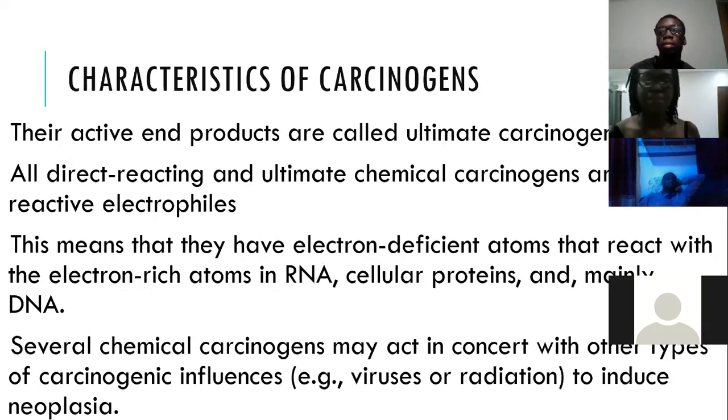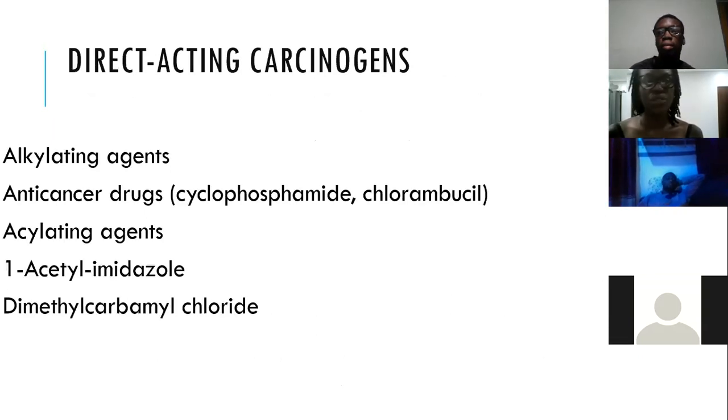They act by several means, by destroying DNA, by destroying cellular proteins, and so on. So apart from the ones that act by changing into active metabolites, we also have those which act directly.